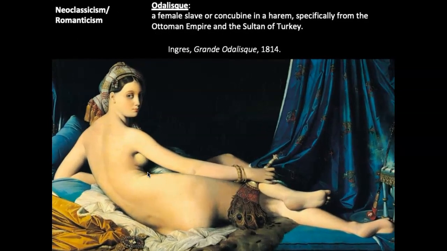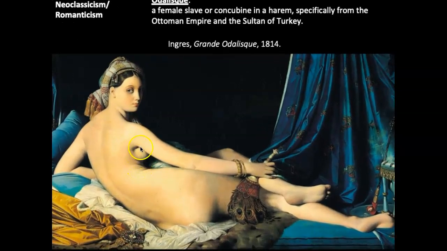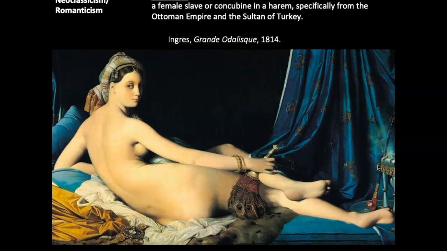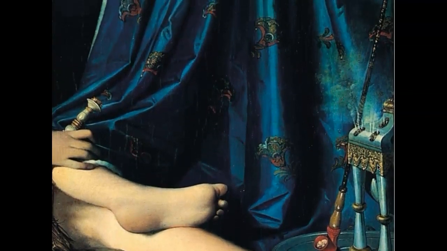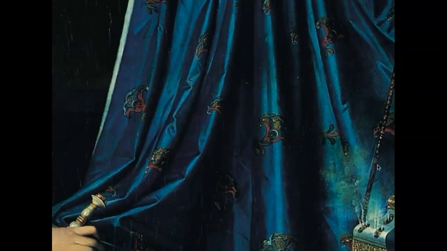She is presented to you, the viewer, just as much as the exotic tapestries and that hookah pipe. All of this is part of Orientalism. These are all exotic objects. These are all expensive imports. This silk fabric here with this brocade, oh, extremely expensive.